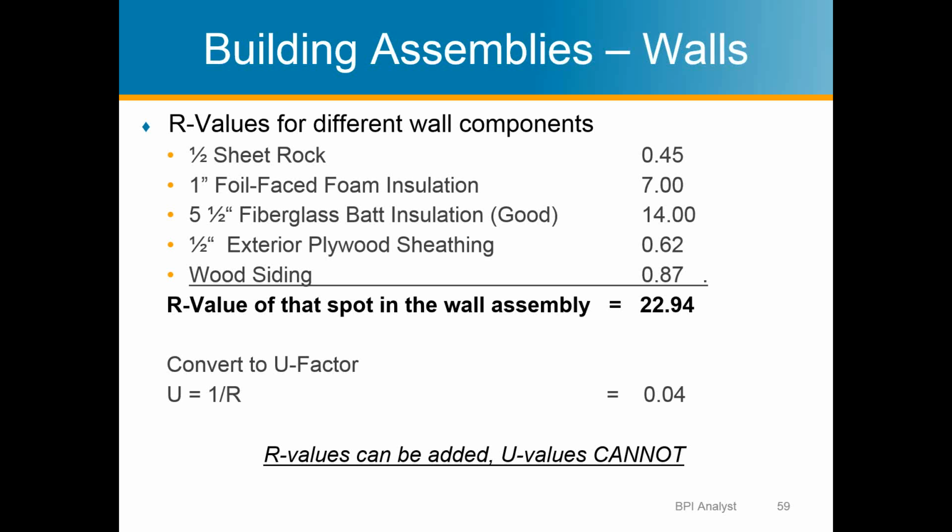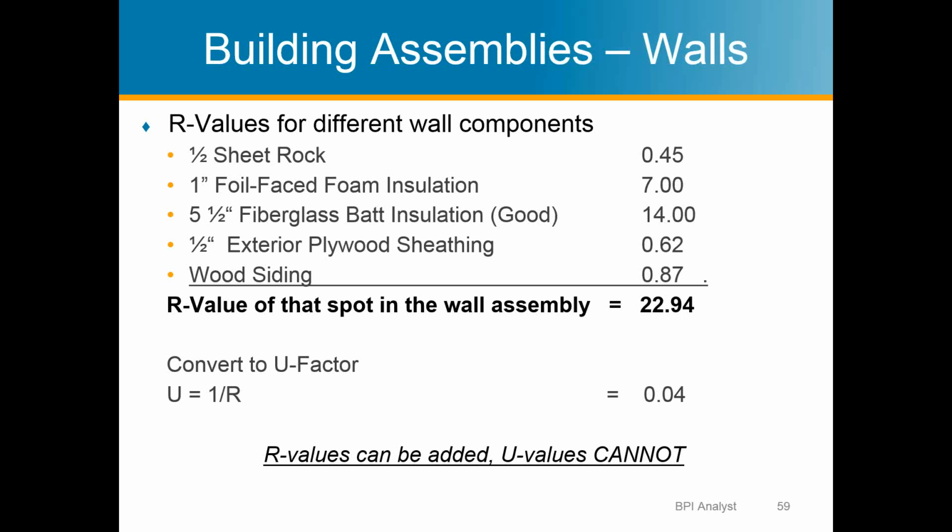It's just a mathematical property, so keep that in mind. A typical written exam for the BPI Building Analyst, they'll give you a couple of R values and ask what's the combined U value, right? So you just need to add the R's and convert to U, or some combination of that. Make sure you understand that if you're going to take the exam.